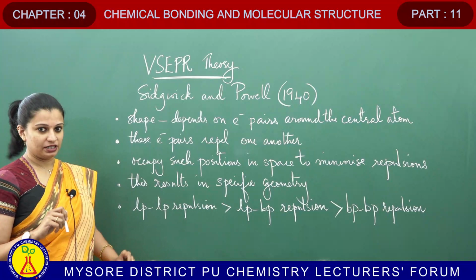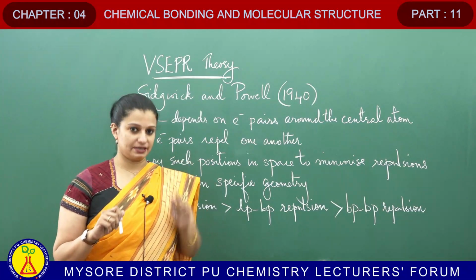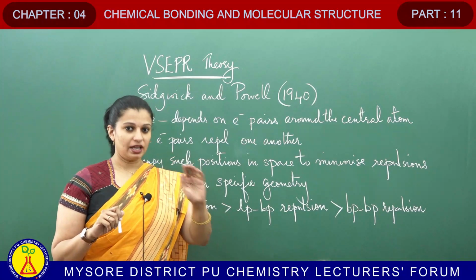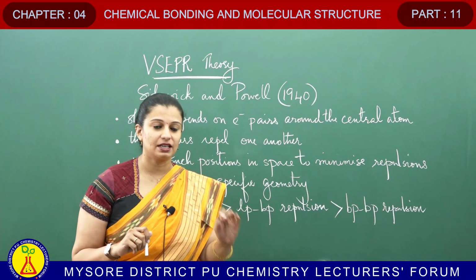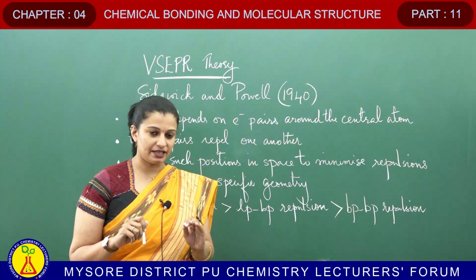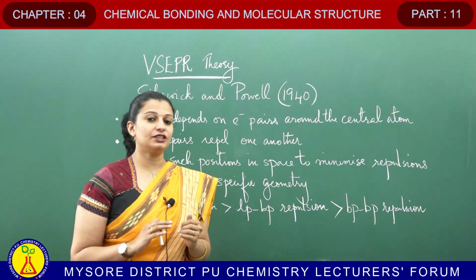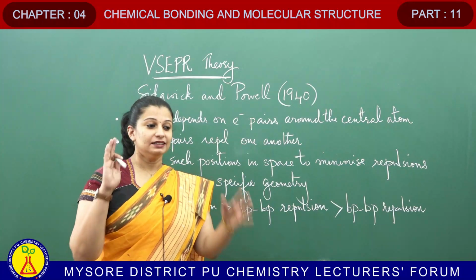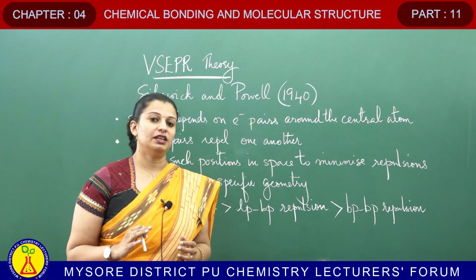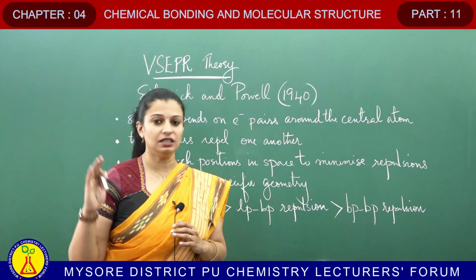Due to repulsion the molecule will become unstable. If the molecule has to become stable, the repulsions have to be minimized. For the repulsion to be minimized, the electron pairs should be kept maximum distance apart. This is the whole concept behind VSEPR theory.